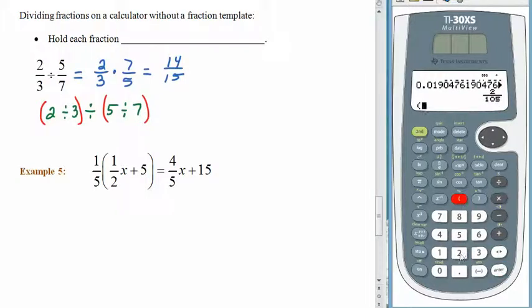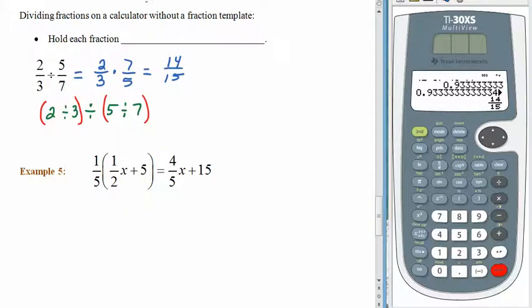So let's try that again. 2 divided by 3, divided by, and the second fraction is 5 divided by 7. So now it looks like one fraction divided by another. Even if your calculator didn't have a fraction template, it probably has a way to convert between fractions and decimals, and there we would have this lovely 14/15 that we really want.